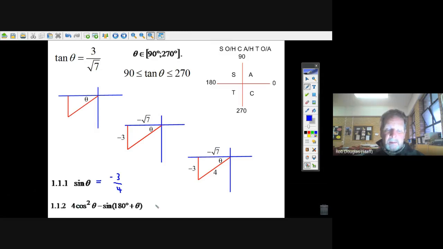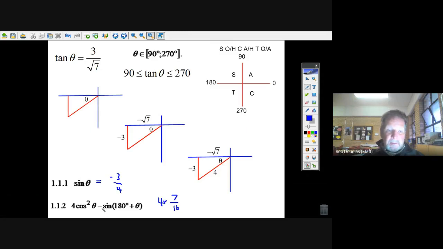If we square it, minus root 7 times minus root 7 is 7, over 4 squared, which is 16. But we're multiplying it by 4 in front there.